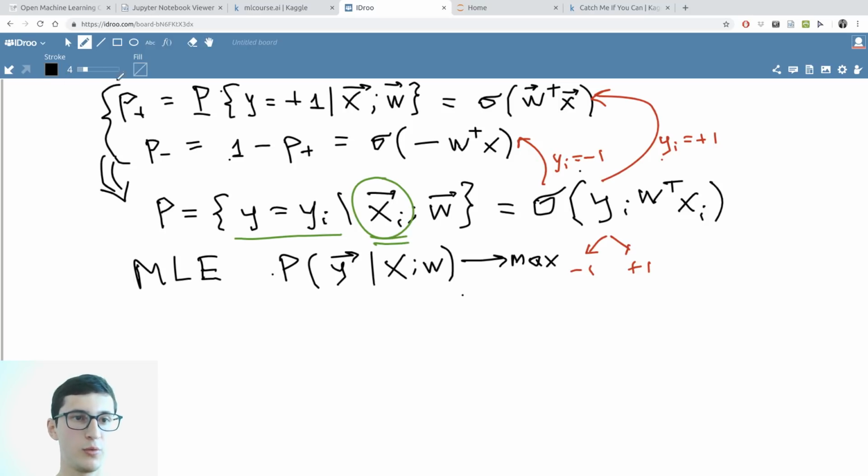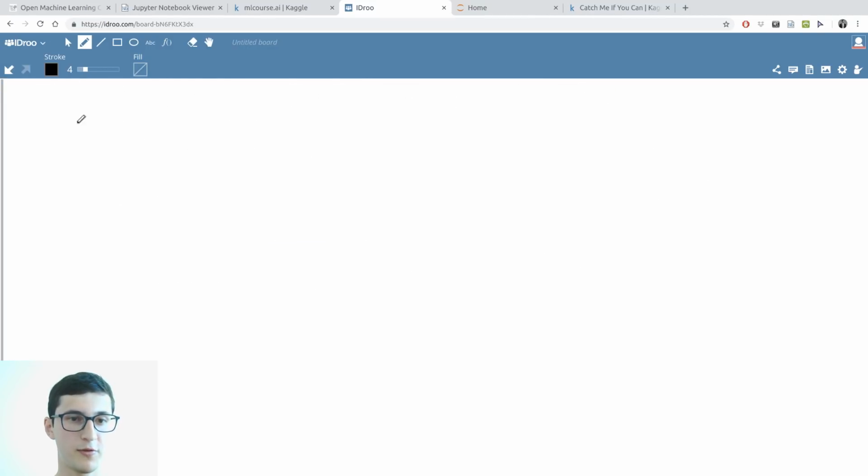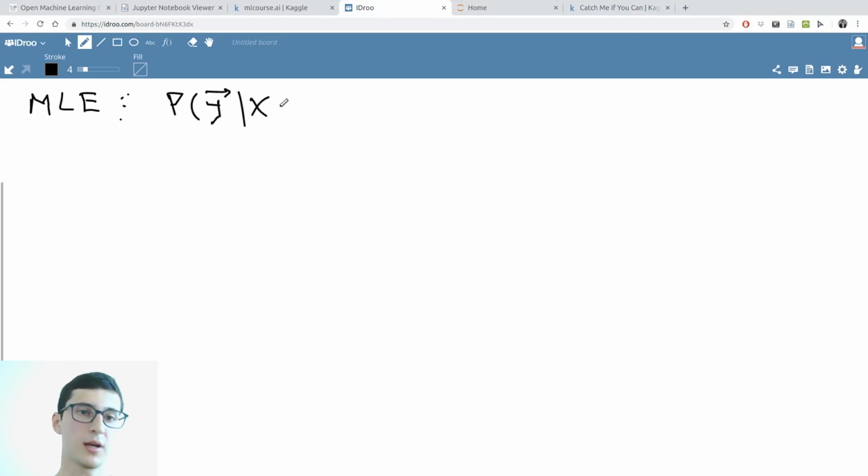Okay, so what it actually means, I'll continue from scratch. Maximum likelihood estimation will be maximizing this probability of vector y given data x.